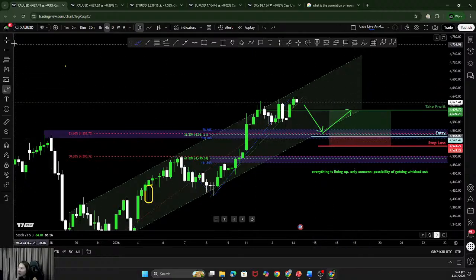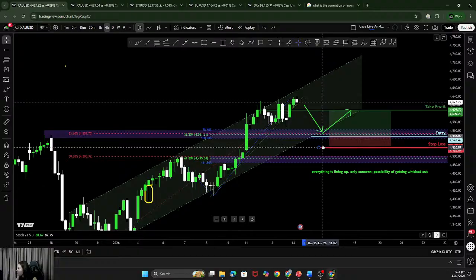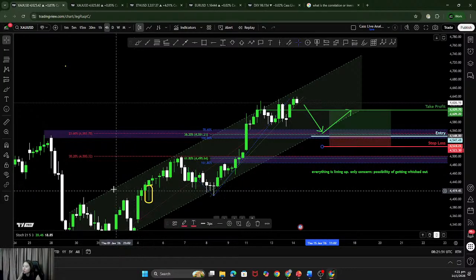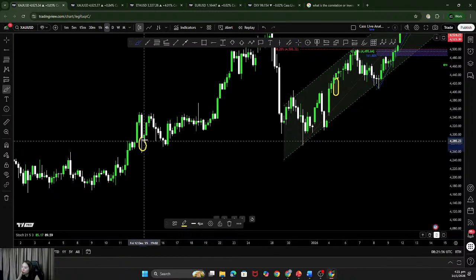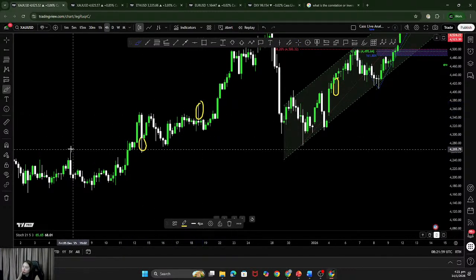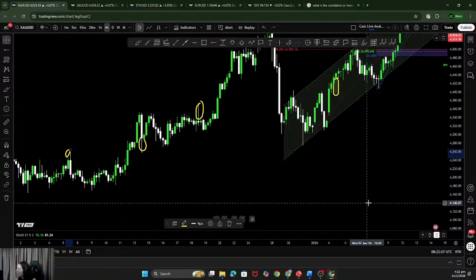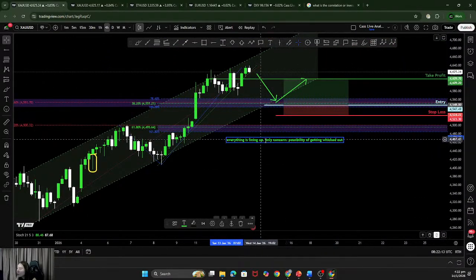I might still end up being correct, but I wouldn't say it's a very tight stop loss. The problem with gold is that it has this characteristic where it likes to do really long wicks. If you go back, you can see long wick, long wick, long wick, and that wick can really just stop you out and then continue in the other direction. So that's the only concern I have. Otherwise, I'm pretty happy with this setup.